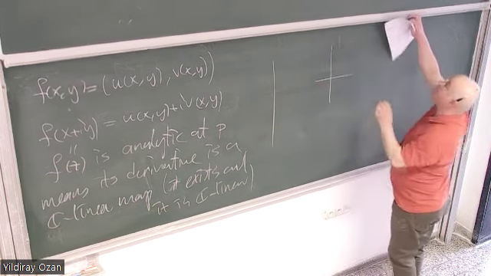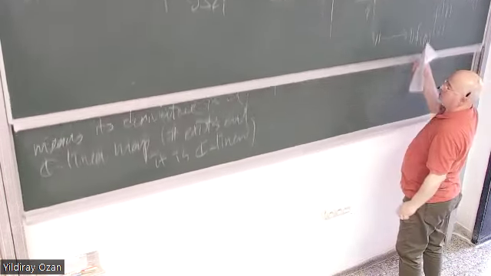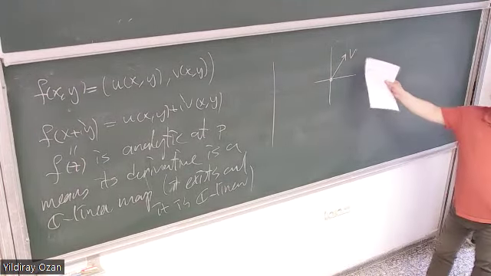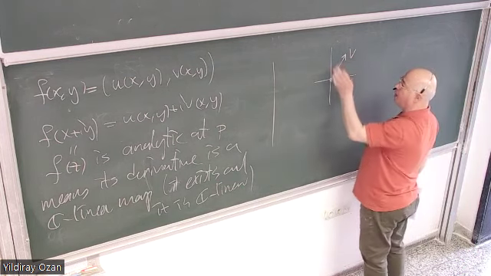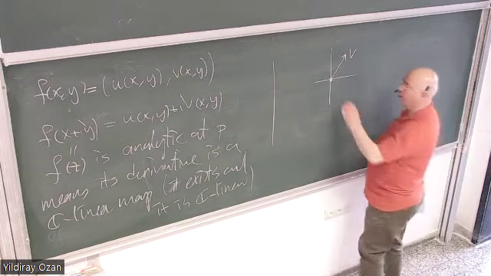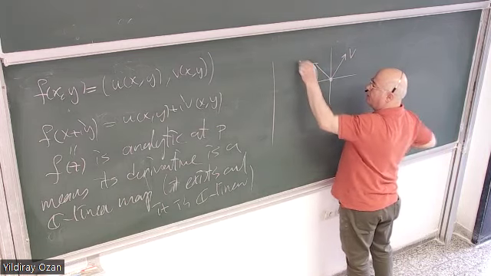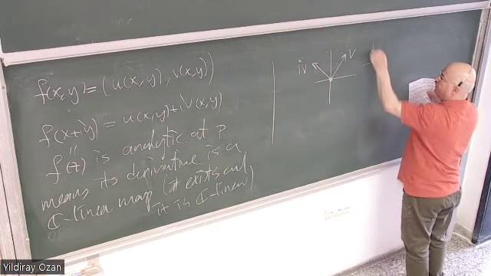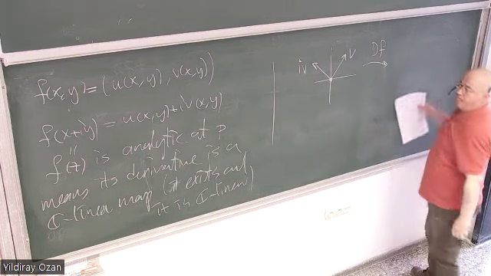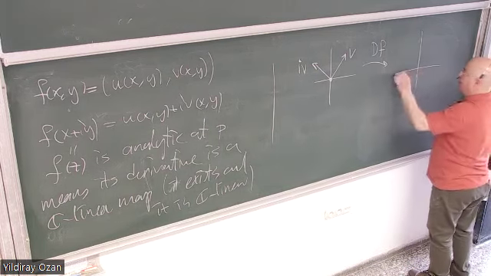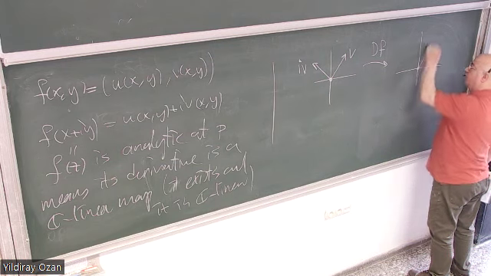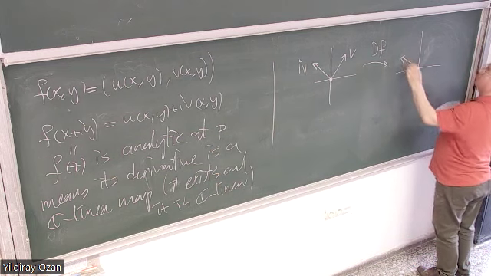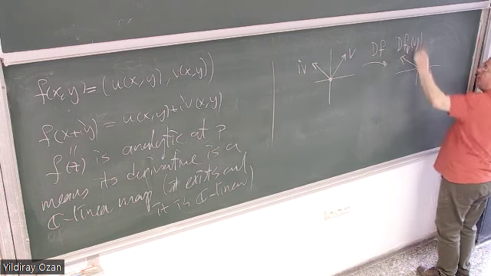Now look at this gadget. I have a vector here. I can multiply this vector by a complex number, not just real, but complex. For example, i times v. And here I have the differential of this map, df at p, applied to v.